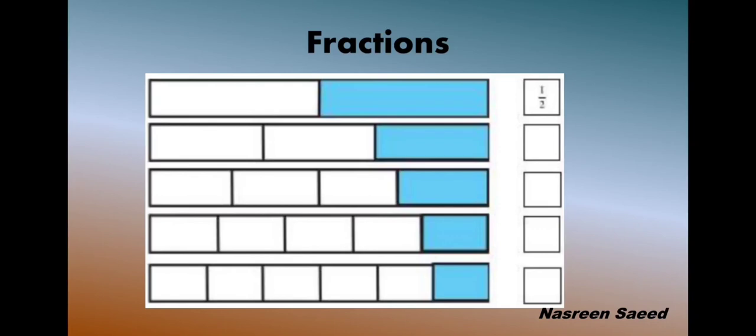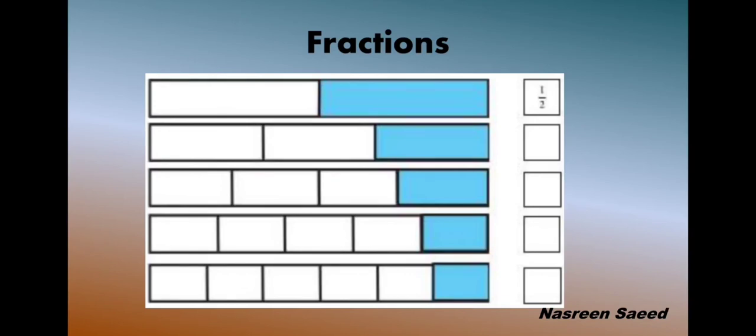If you see in this picture, each of the strips is of equal length and has some shaded part. Now let us understand the shaded part and write it next to the strip. The first strip is divided into 2 parts and it is written 1 upon 2.